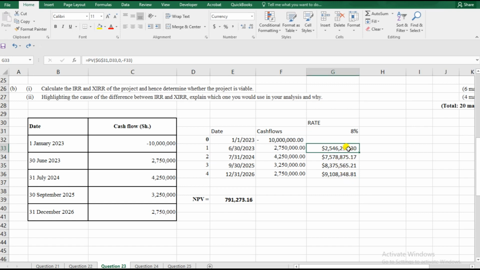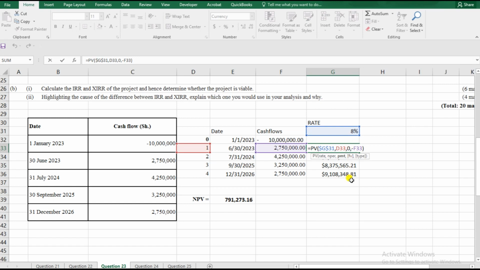These are what you're supposed to do. Remember, you're looking at our rate, number of periods, which is 1. Our payment in this case, we don't have a payment, so the payment should be 0, right?